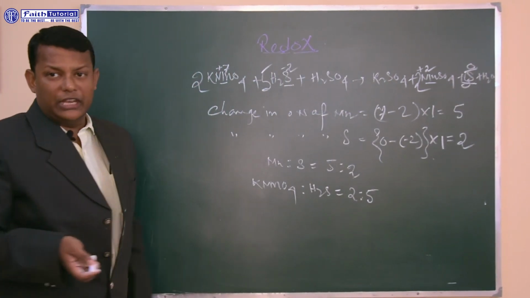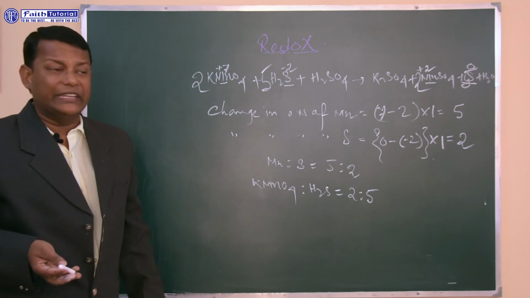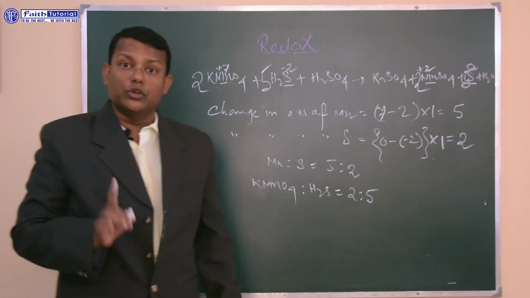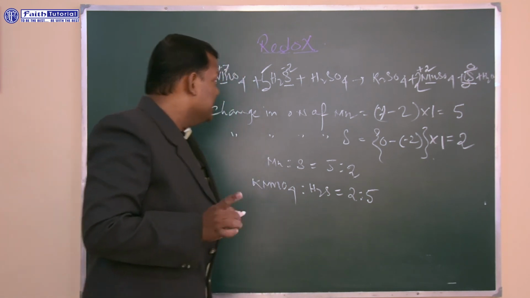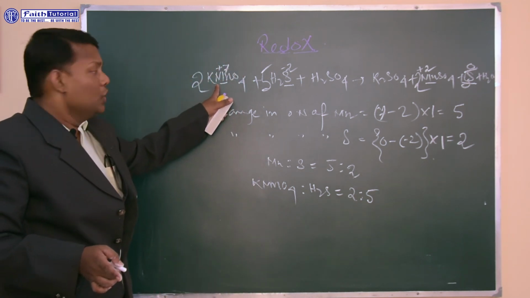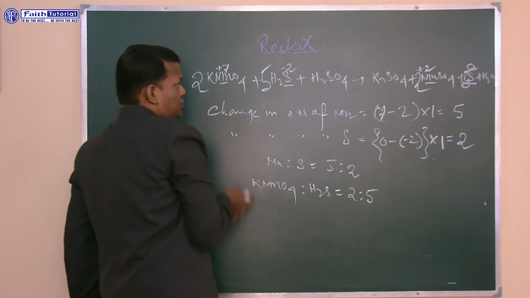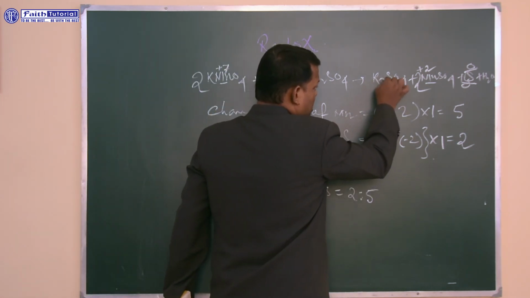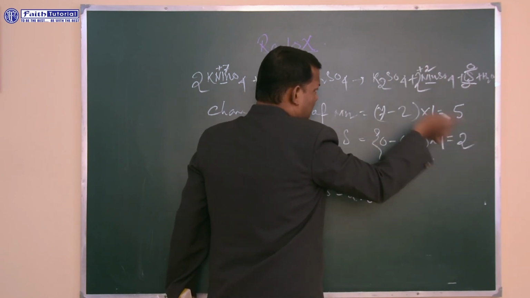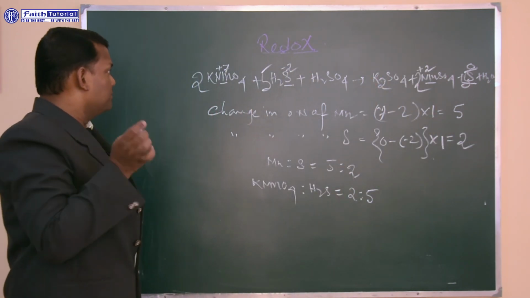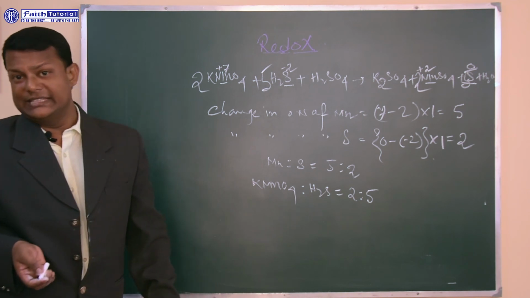After balancing the variable elements, you have to balance the metal. The metal is potassium. Manganese is also a metal, but since we are considering it as a variable element, only potassium is the metal here. The number of potassium is 2, and the number of potassium on your right is 2, so it is already balanced. Next, after metal, you have to balance the acid radical.